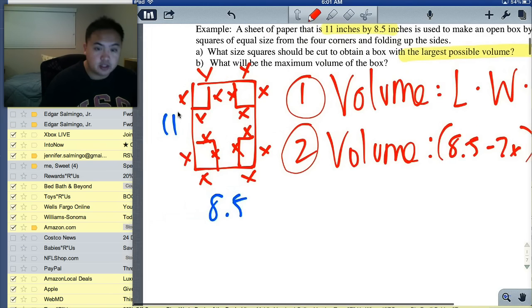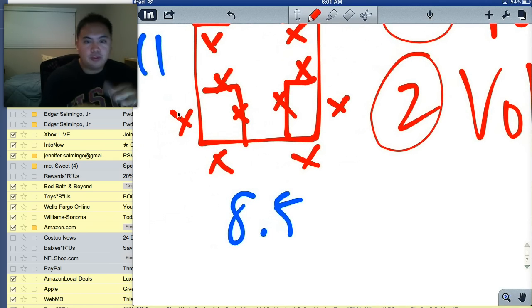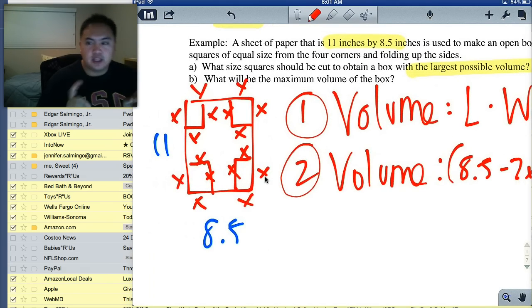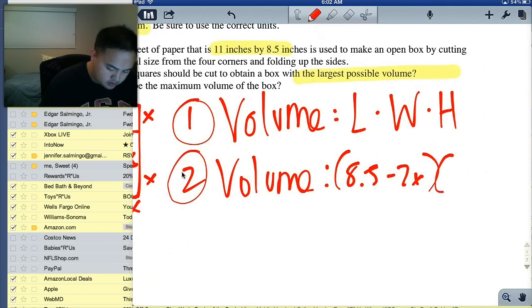Again, if you look at this picture, the whole thing was 8.5, and I subtracted the 2 x's from it. If you understand that, you should know that the new width, and length and width in this type of rectangle are interchangeable, is going to be 11 minus 2x. So let's write 11 minus 2x.